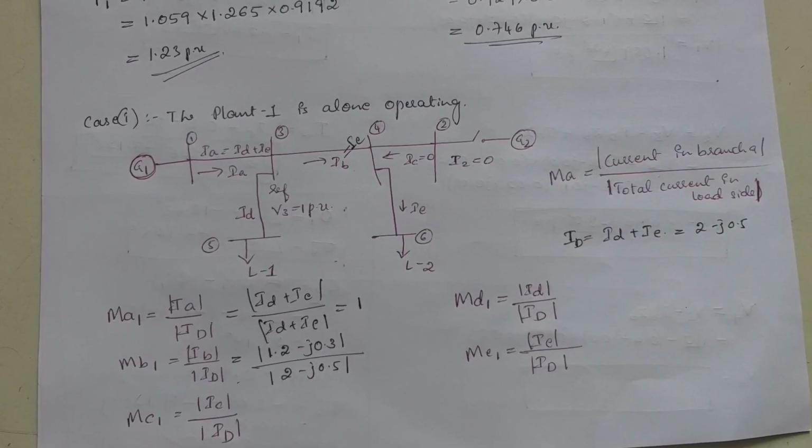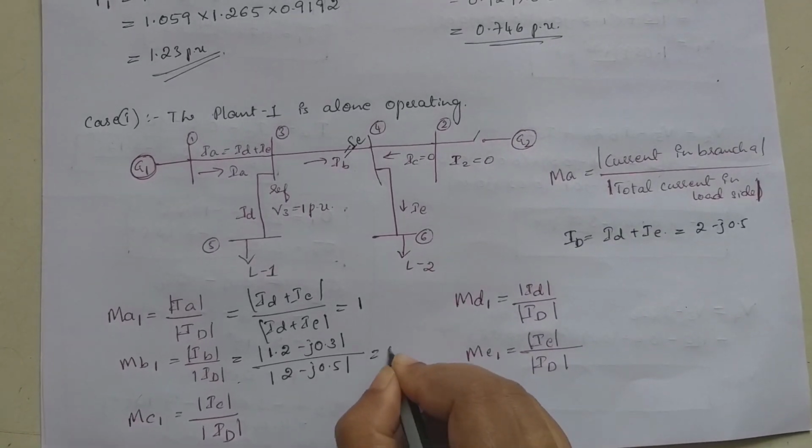Converting it into polar form, we get 0.6.